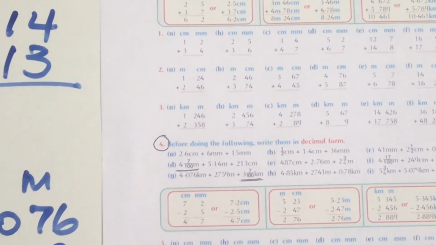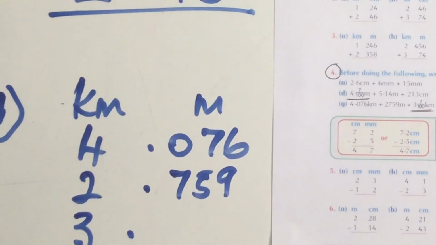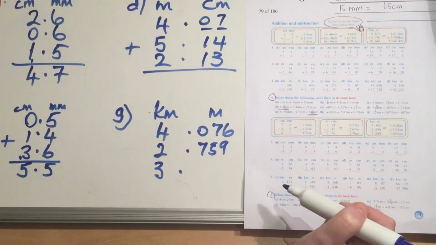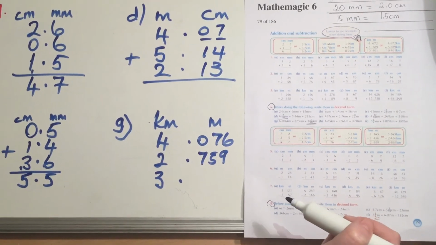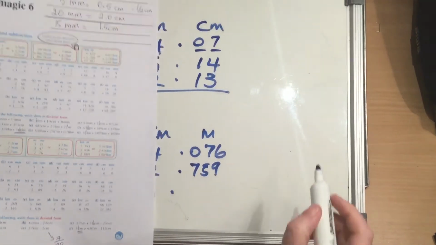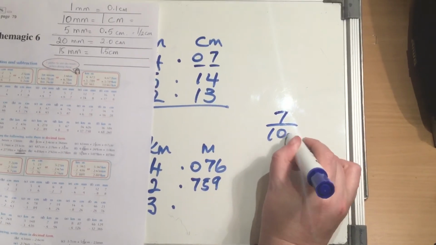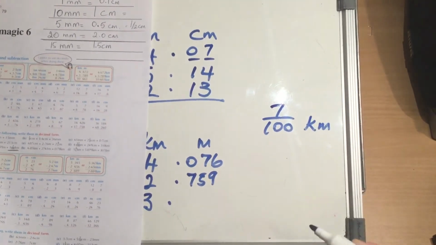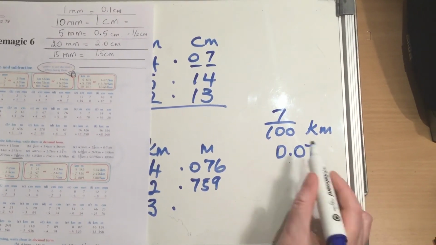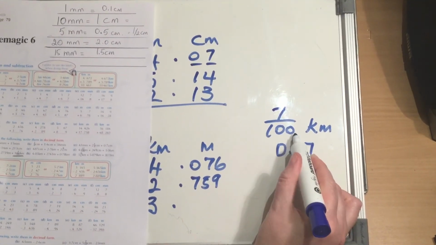3 and 7 over 100 kilometres. Let's just look at that for the moment over here. 7 over 100 km is 0.07. Two numbers.